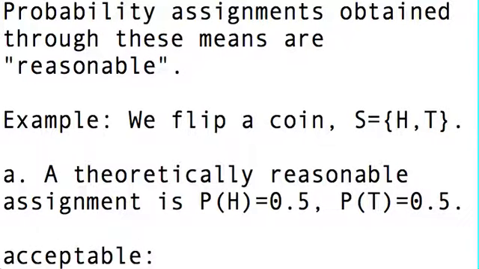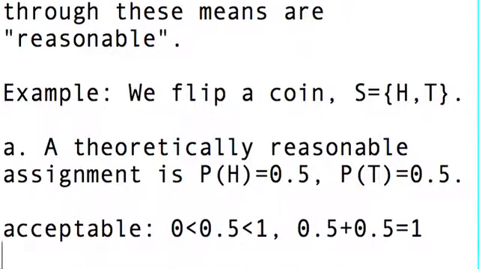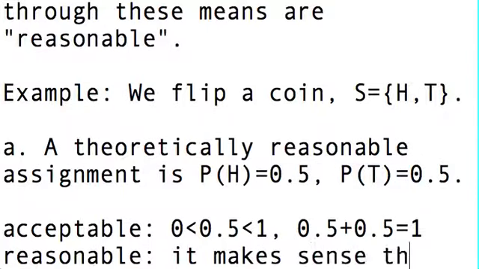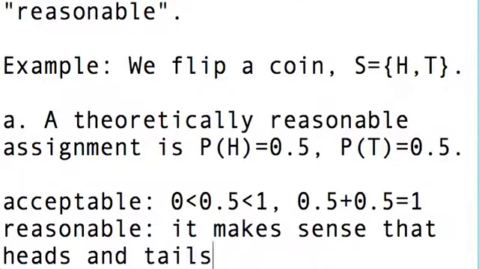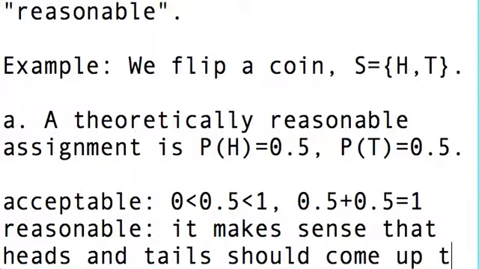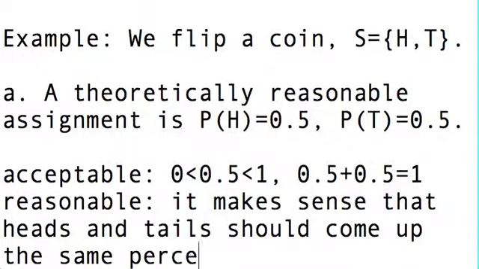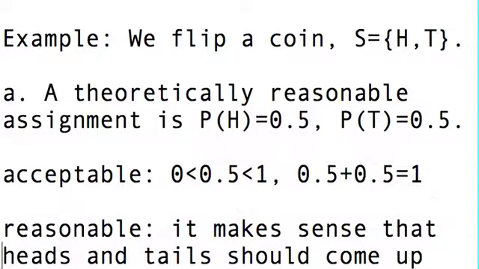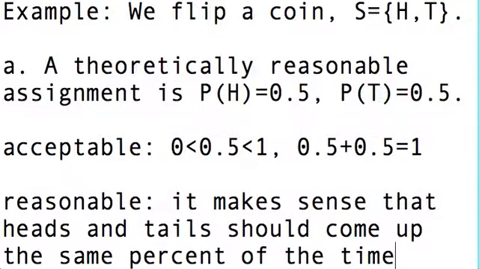Because the probabilities are between 0 and 1, and the sum of the probabilities is 1. And reasonable, why is it reasonable? Well, we're just saying that it makes sense that heads and tails should come up the same percent of the time. Each should come up 50% of the time. That just seems to make sense.